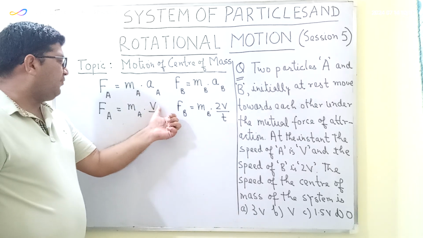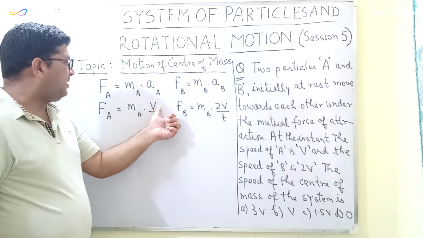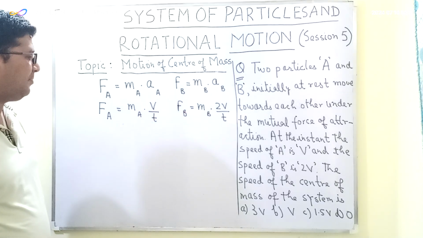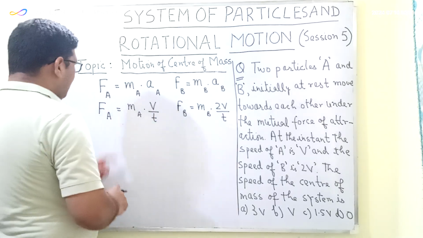Here v is the speed of the particle A, 2v is the speed of the particle B, and t is the time.